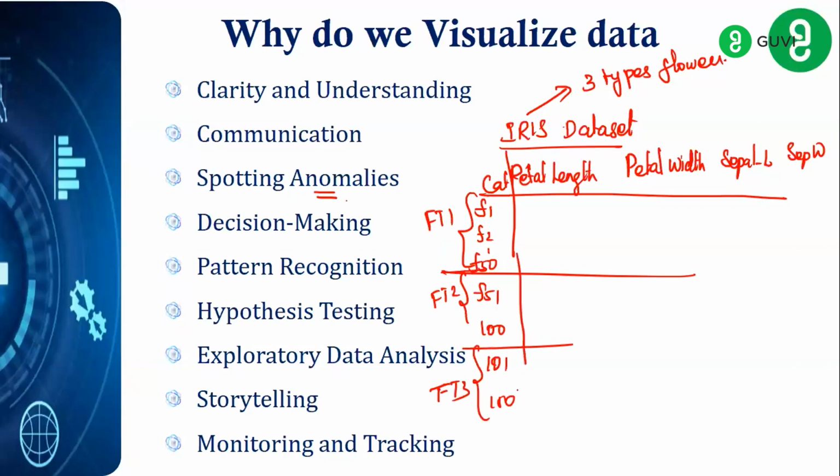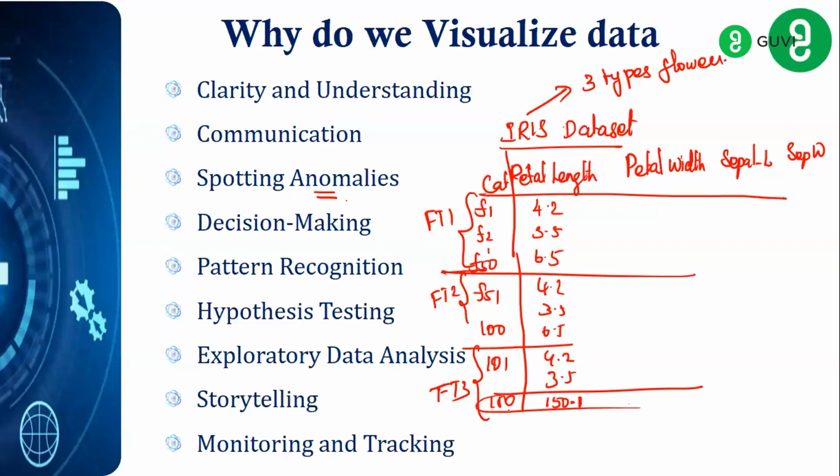For example, if the petal length values are like 4.2, 3.5, 6.5, and then in the last data itself you encounter some value like 150.1.